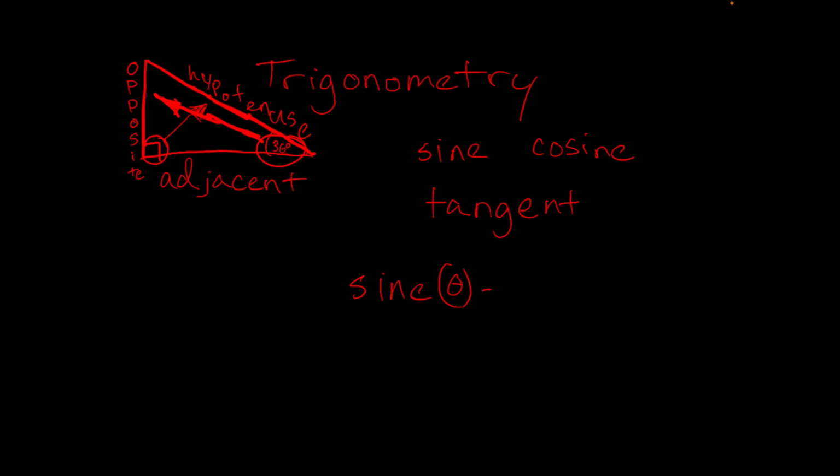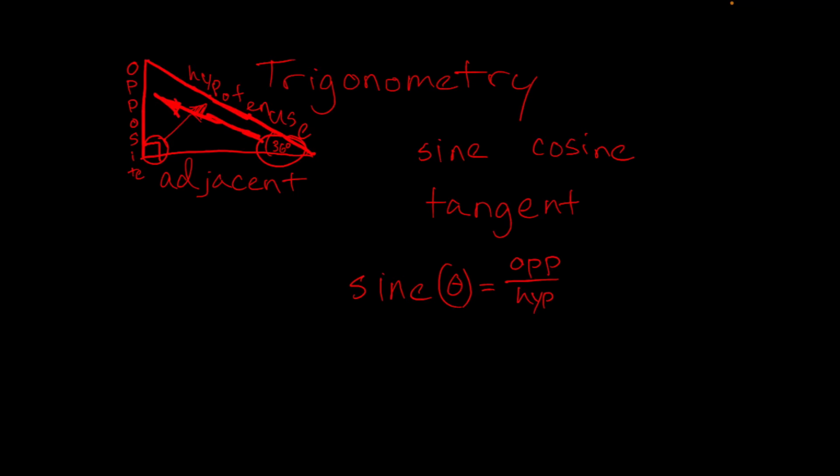So if we input theta into sine, we're going to get opposite over hypotenuse. So if you're inputting the given angle, let's say the angle is 44 degrees, well, the sine of 44 degrees equals the opposite over the hypotenuse.